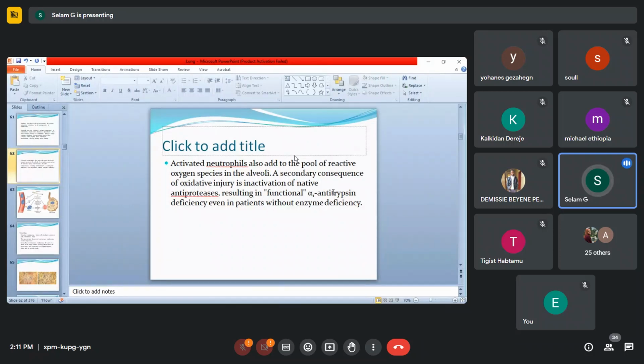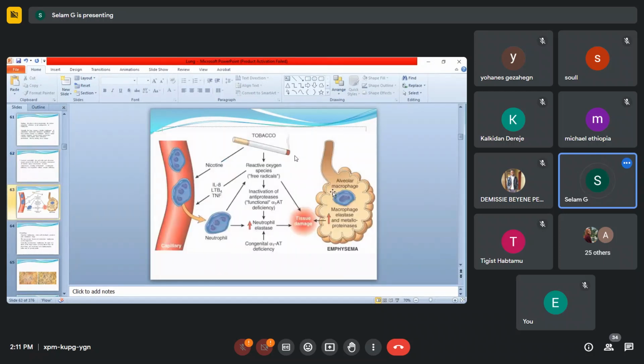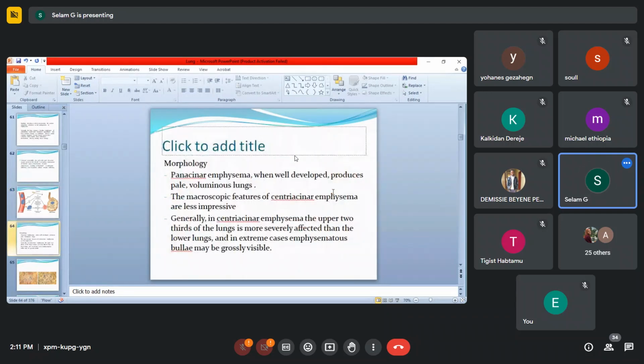So if there is chronic inflammation going on or acute inflammation going on repeatedly, the patient may develop that. So smoking and pollution are the central actors in emphysema or obstructive airway disease problems.